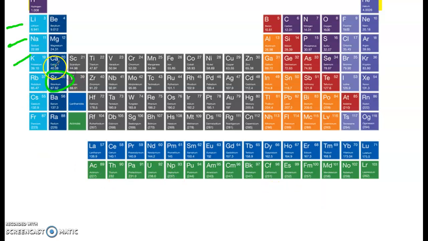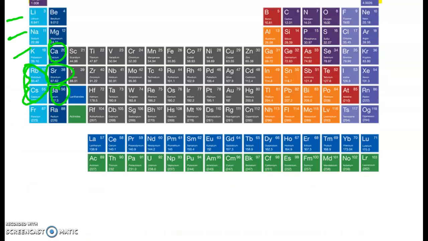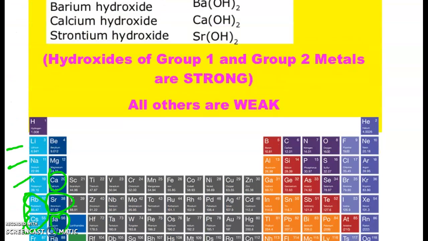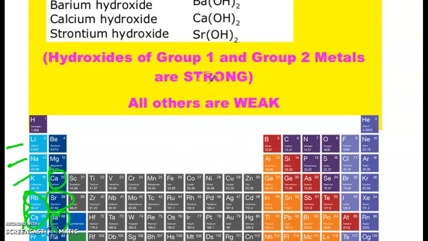So these have to be calcium, strontium, barium, and these two as well. So almost all of them, except for beryllium and magnesium, they make strong bases. And obviously, well, hydrogen actually does make a base as well, as we will see. But that's the difference between a strong and a weak acid.